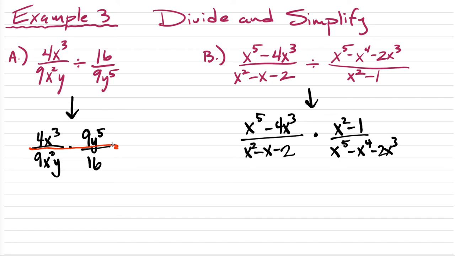Can anything cancel, reduce? That's what you would look for next. Like, do they have anything in common that we can put together, or numbers that cancel, all that kind of stuff? Yes. Okay, the 9 and the 9. Good. Okay, and then the 4 and the 16. Good. There we go. Yeah, regular numbers work the same they've always done. Okay, so 4 and 16. This would leave a 4. Yep.